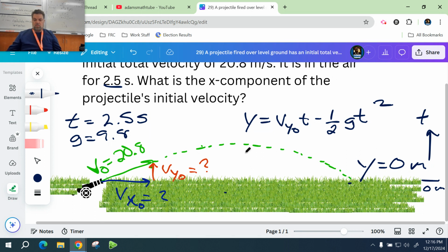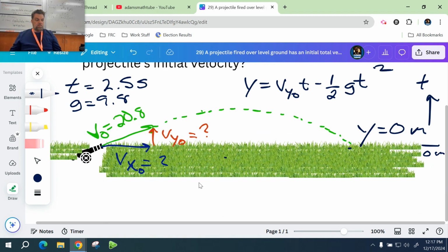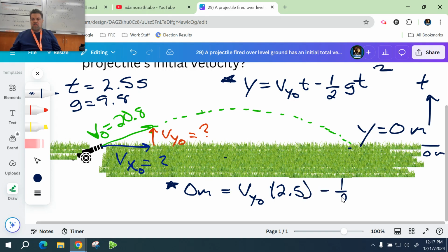So let's do that. I'm going to say y, which is 0 meters, equals V y naught times time, which is 2.5, minus 1/2 times 9.8 times 2.5 squared.